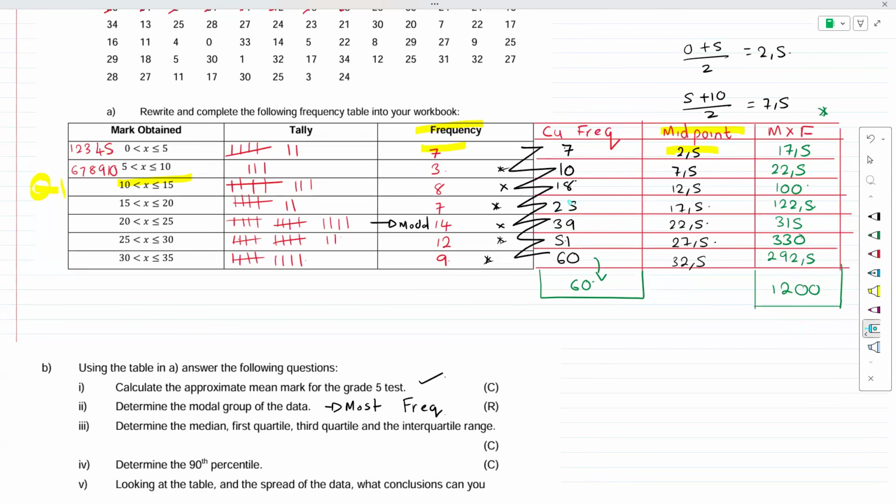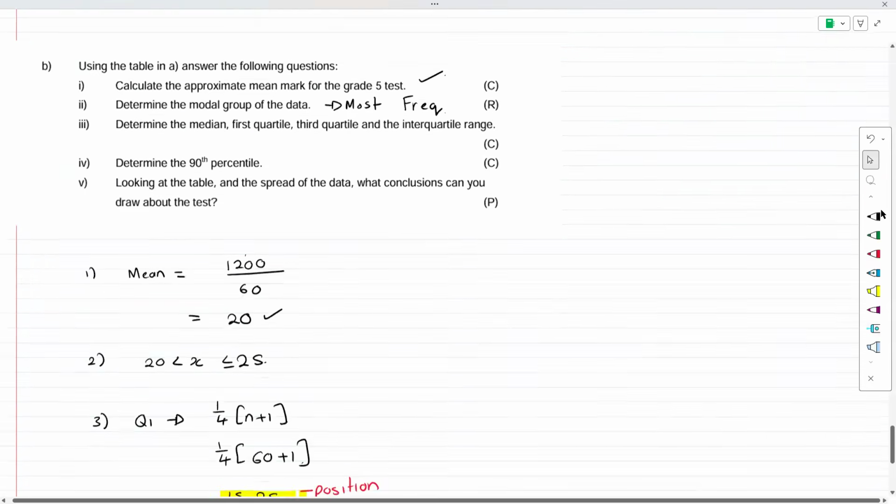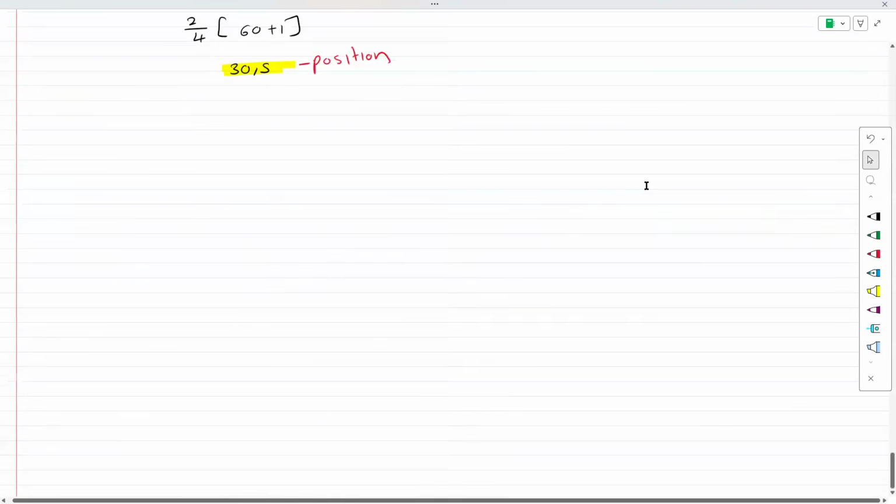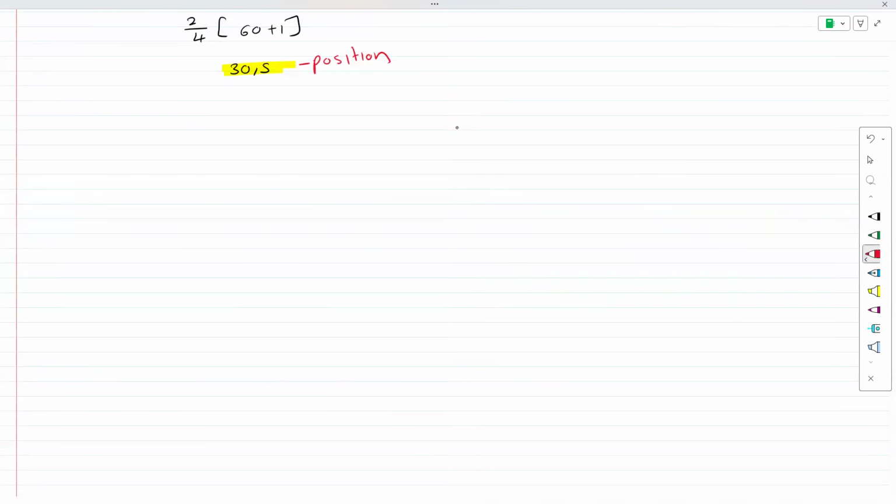From 25 to 39 is here. So guys, think about this as the max number. This is max 7, max 10, max 18, max 25. This is max 39. So it means the number falls there. So yeah, I think we are correct. That would be quartile 2. Quartile 2 would fall in 20 there.